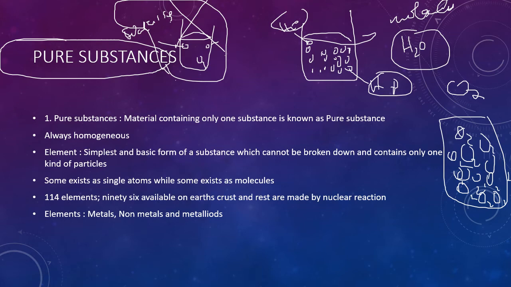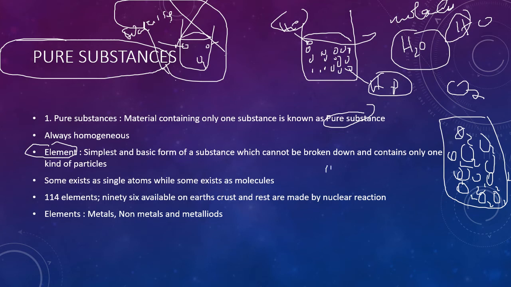Again, these pure substances are divided into two parts: one is element and another is compound. What is an element? It is the simplest and most basic form of a substance, which cannot be broken down and contains only one kind of particle. For example, here we have two kinds of particles. See, H is there, O is there, so it cannot be considered an element. It should have only one kind of particle.